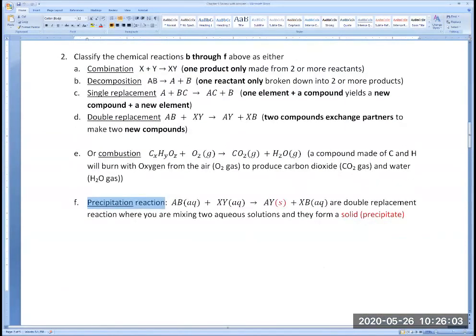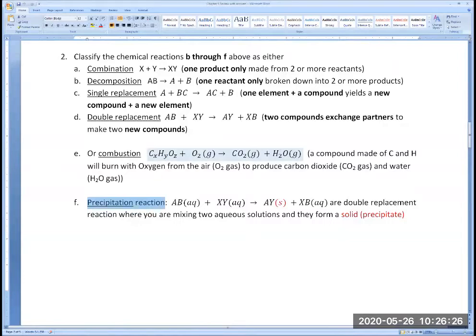But combustion, that's something I really want you to recognize. A combustion reaction is when you have a compound made of carbon and hydrogen, and sometimes there is oxygen in the compound. And when you are burning it with oxygen from the air, so oxygen is part of the reactants, you're making carbon dioxide and water.